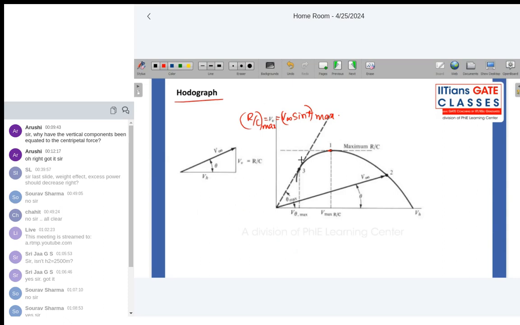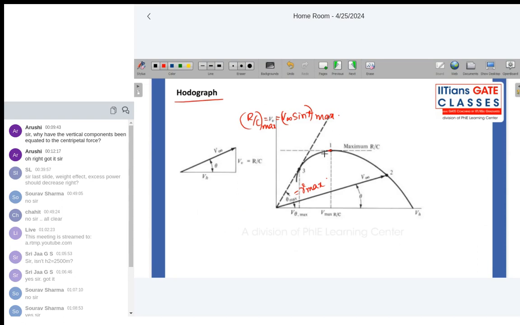If you see, the maximum angle occurs at a point where a line is tangent to this curve. If I draw a tangent to this curve from the origin, the angle it forms with the horizontal axis is the maximum climb angle it can achieve, which means that maximum climb angle doesn't occur at maximum rate of climb. Maximum climb angle occurs at a different condition from the maximum rate of climb condition.